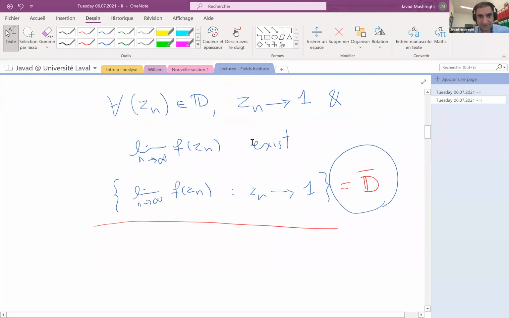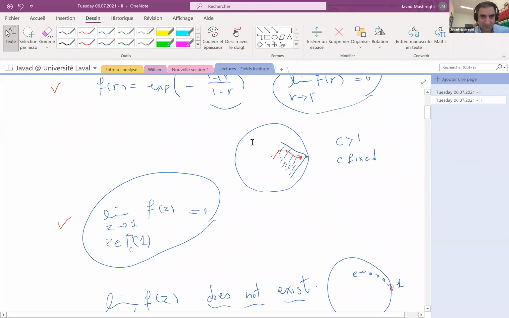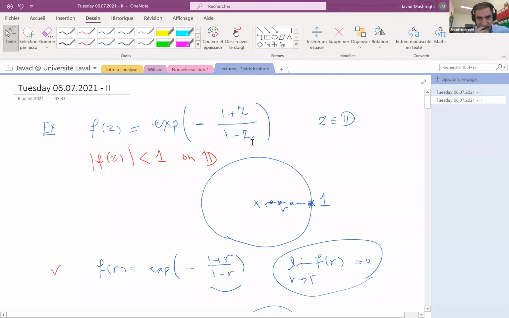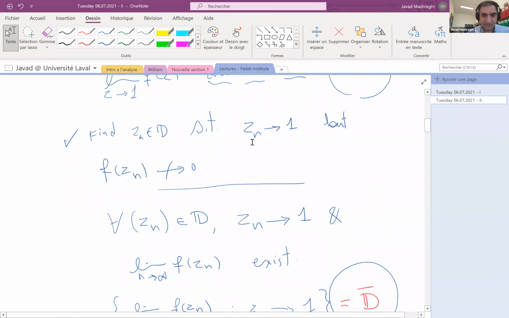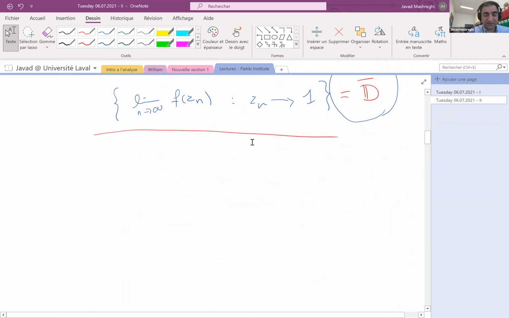And I said there is a modification of this function, which is interesting. When we do this modification to Blaschke products, it has some application. Consider the same function. So this is my example 1, but a bit modified. Still I call it f, but it's not the same f.